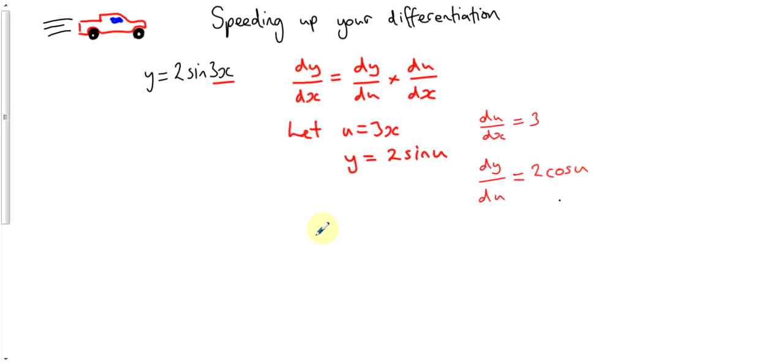And then we use the chain rule, so that would mean dy by dx is equal to dy by du, that's this one, 2 cos u, multiplied by du by dx, which is 3, so we would end up with 6 cos u, and u, of course, is 3x.